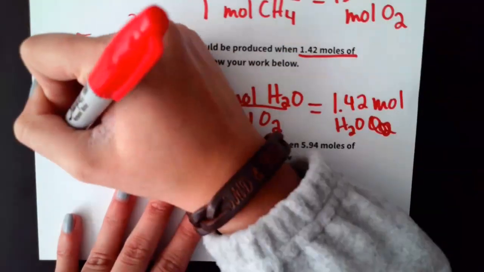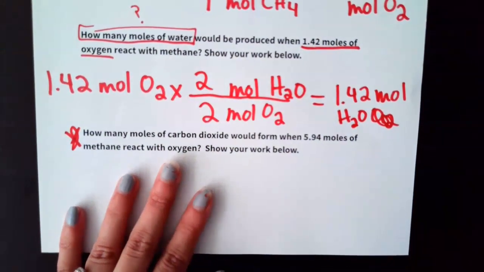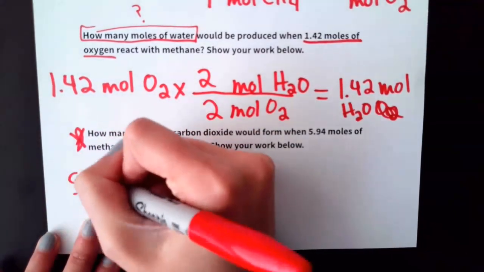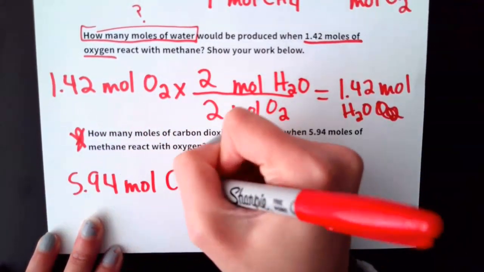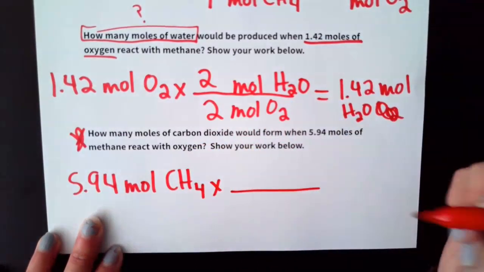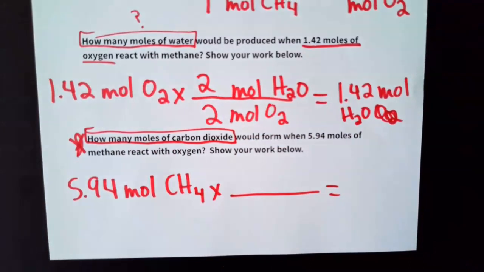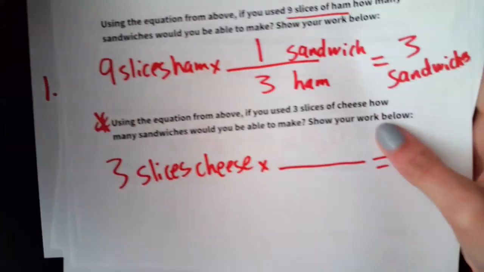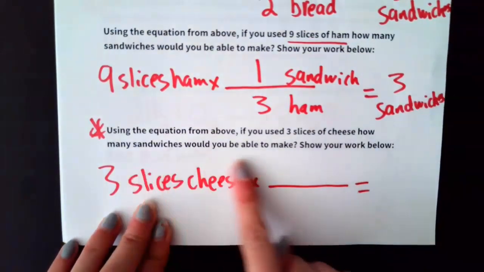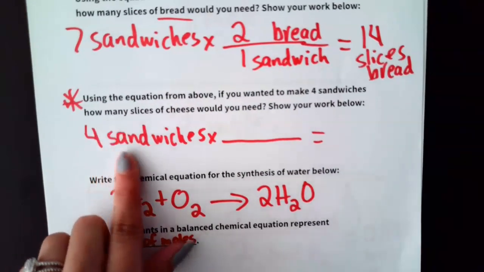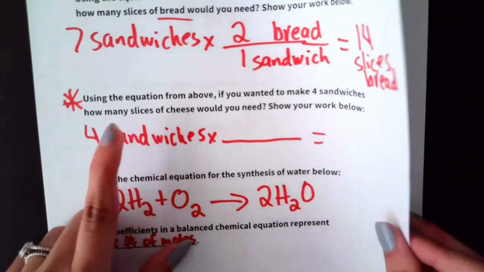Okay, and then I want you to try this one on your own as well. So how many moles of carbon dioxide would form when 5.94 moles of CH4 react with oxygen? So you're trying to find carbon dioxide, okay? And so just to recap really fast, the ones that you are trying to solve for: you are looking for the 3 slices of cheese, for sandwiches, how many slices of cheese.